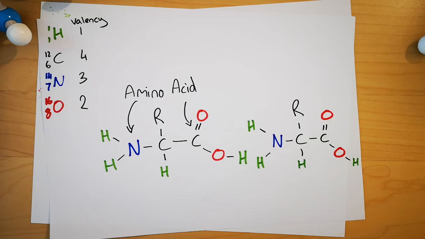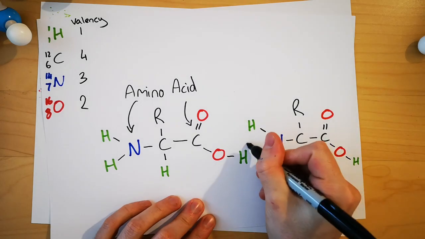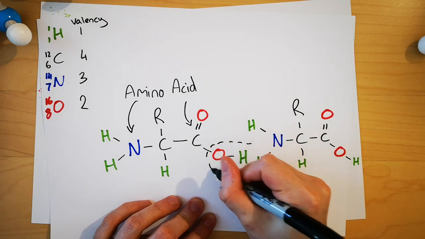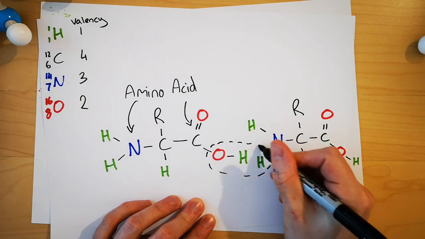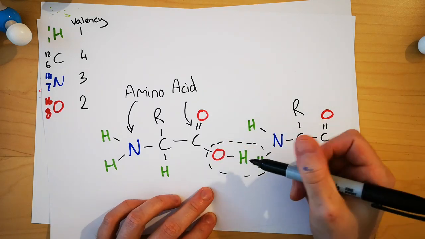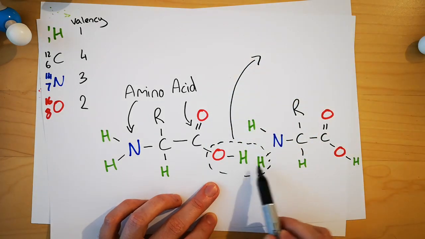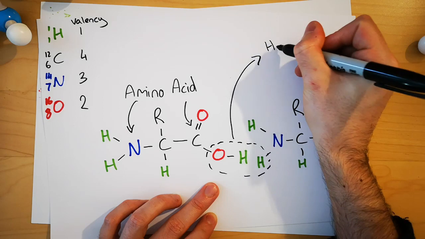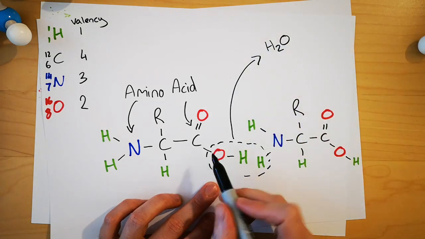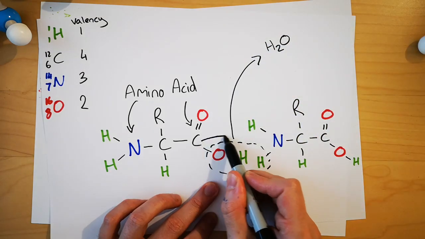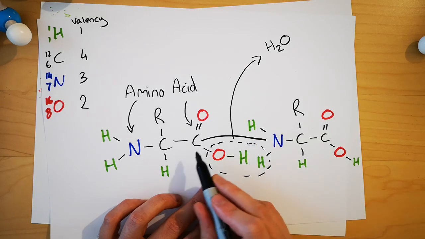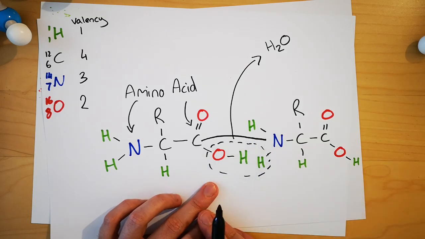So as I showed you with the Molymods, it's actually this area here that is lost. So we lose that OH and that H there to form H2O, and then we form a covalent bond between that carbon and that nitrogen.